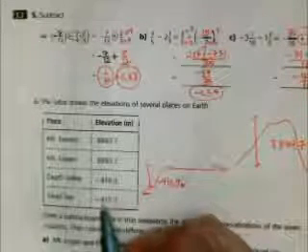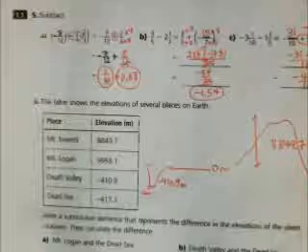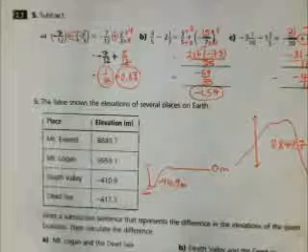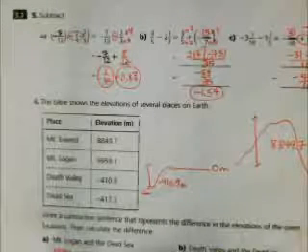All right, the Dead Sea is negative 417.3. It says, write a subtraction sentence that represents the difference in the elevations of the given locations. Then calculate the difference. Okay, so Mount Logan is 5,959.1, and the Dead Sea is negative 417.3.